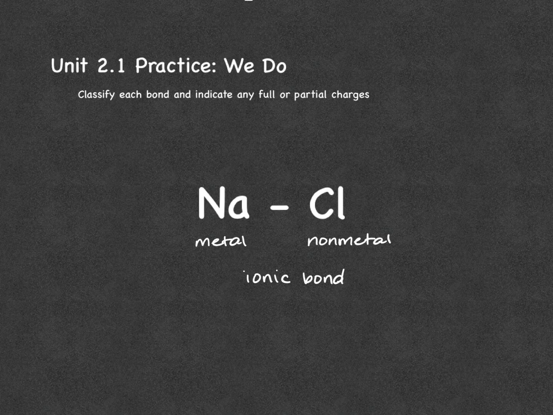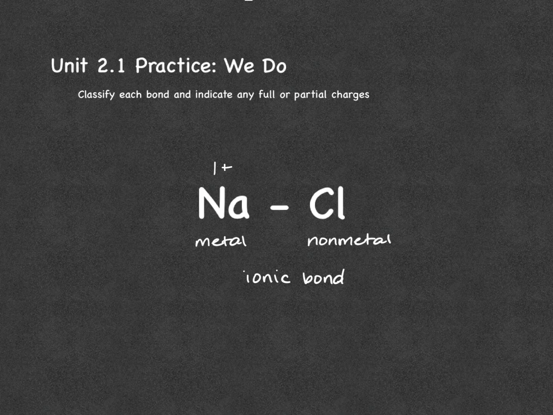So there's our first part. We've classified the bond, so it's an ionic bond, and now we need to indicate any full or partial charges. Since this is an ionic bond, we're going to have full charges because we have a transfer of electrons. An electron is transferred from our sodium to our chlorine, and that gives us a full positive 1 charge, or a 1 plus charge, over our sodium.